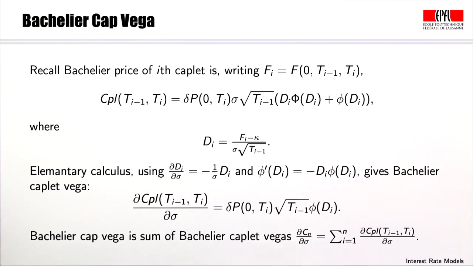Elementary calculus again, using these identities, gives us the following expression for the derivative of the Bachelier caplet price with respect to the volatility, the Bachelier caplet vega. Linearity gives us the Bachelier cap vega as the sum of the Bachelier caplet vegas.